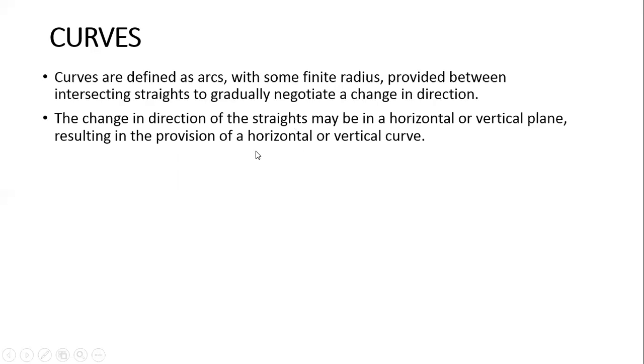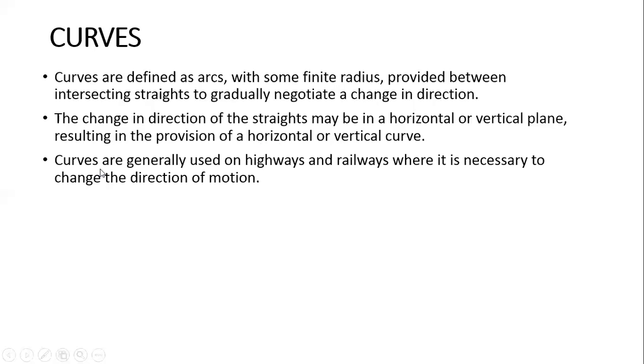All those curves which are provided in our locality are horizontal curves, because the change in direction is in the horizontal plane. When we go to hilly areas or mountainous regions, where the change in direction will be in the vertical plane, all such curves are called vertical curves. These curves are generally used on highways or railways where it is necessary to change the direction of motion.